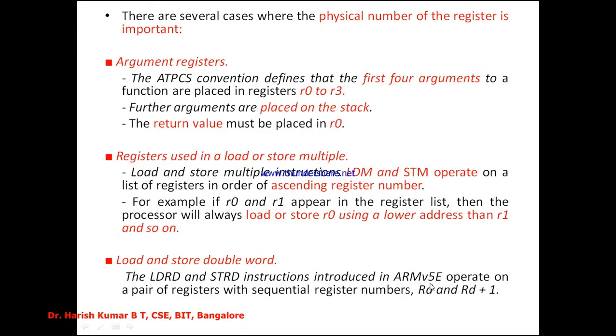If I give R0, it will take the next sequential number, R1. If I give R3, it will take R4. Again here the physical number of the register is essential. So these are the three cases where the register number is essential instead of the register names.